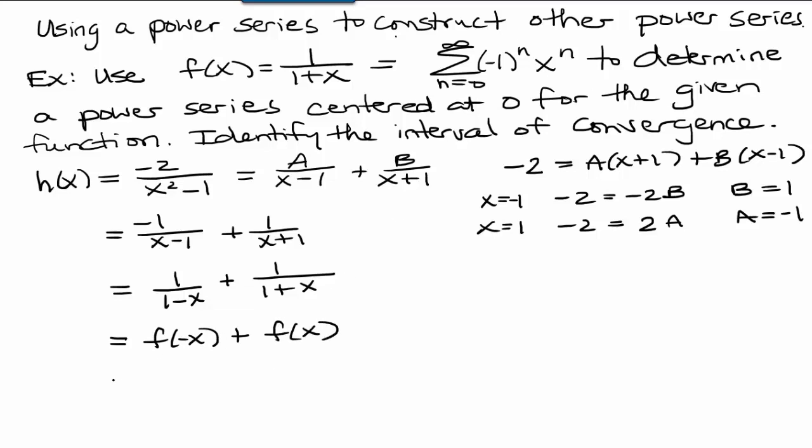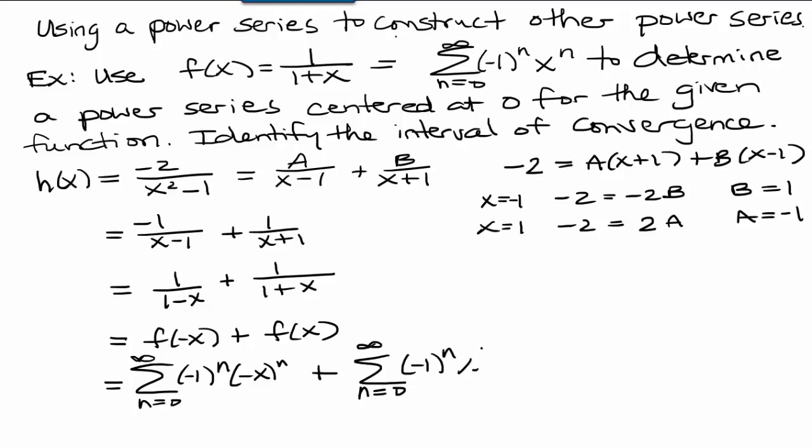And so writing it as a power series, we're going to plug in the negative x here. We're going to have the series n equals 0 to infinity, negative 1 to the n, negative x to the n, plus the series n equals 0 to infinity, negative 1 to the n, x to the n.